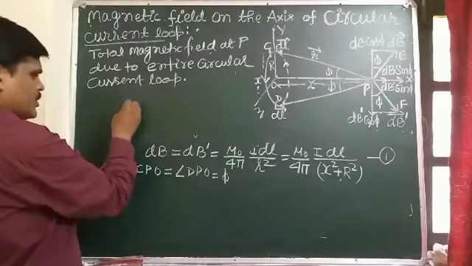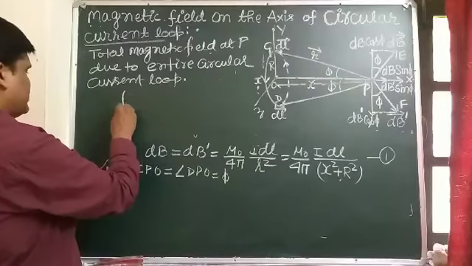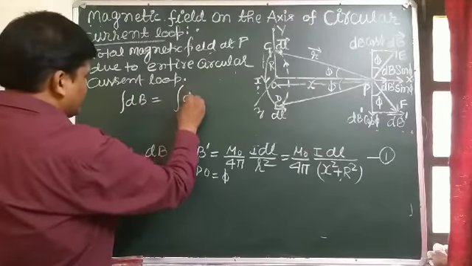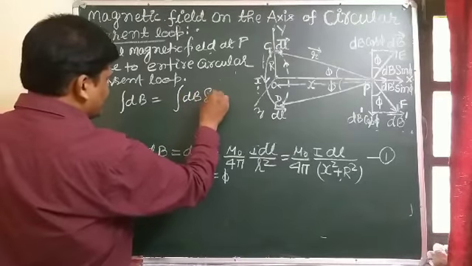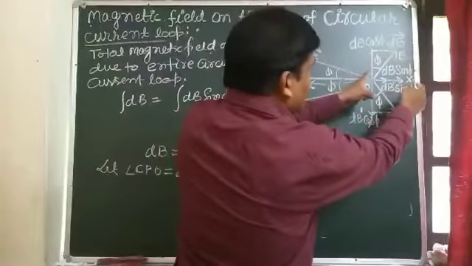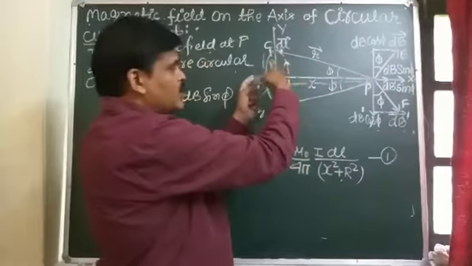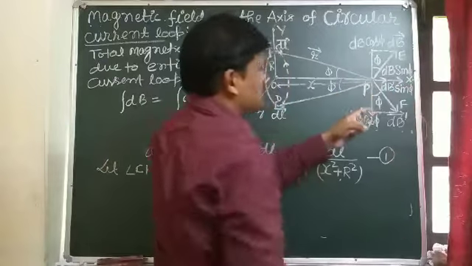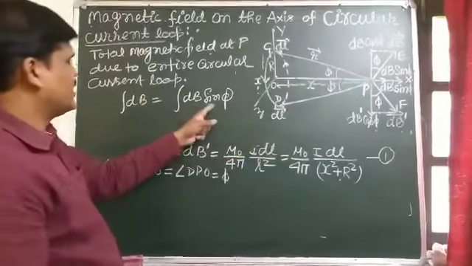So the integration of dB sin phi, because all the components of the magnetic field due to the circular current loop are in the same direction, they will be added.